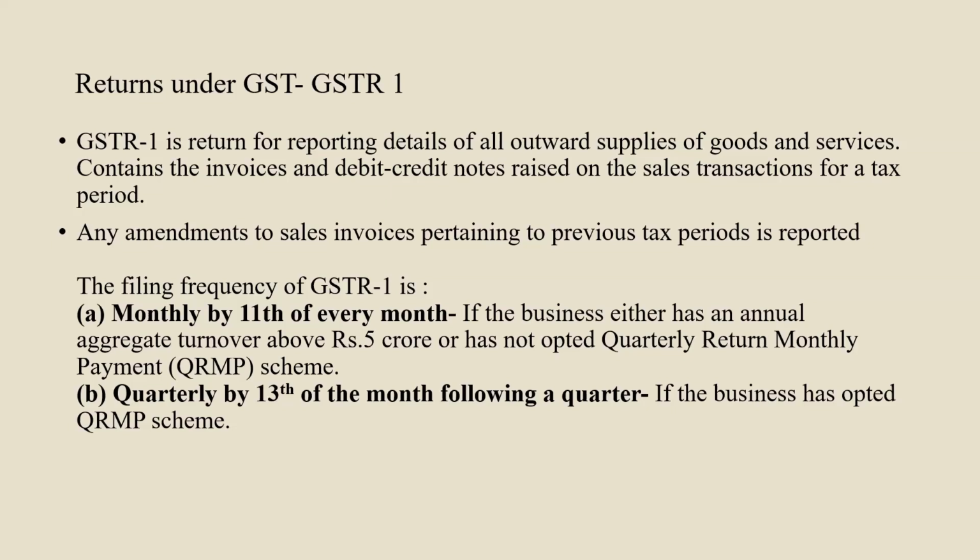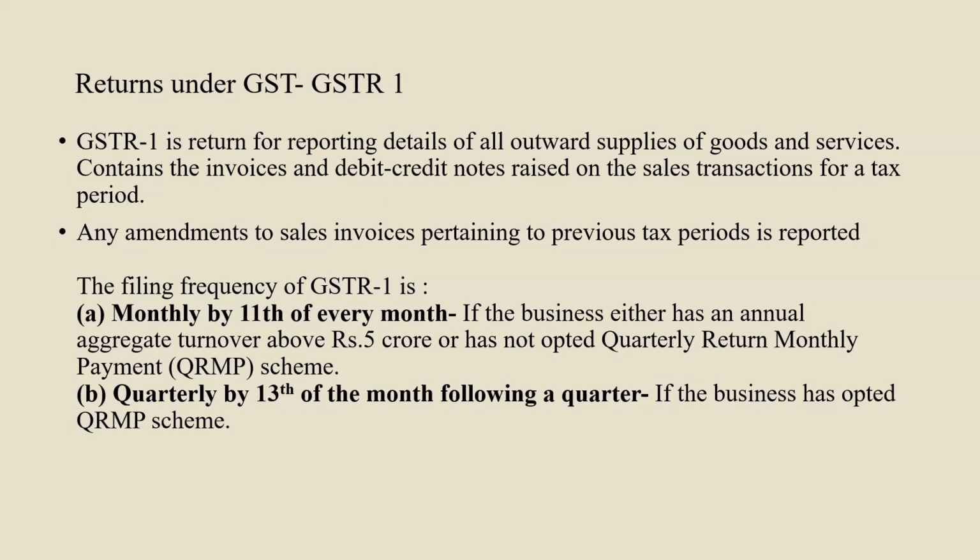So if you are a seller, you will have to file this GSTR1, reporting all outward supplies of goods and services, any credit, any rectification, any credit debit notes, all, in the subsequent months, where some correction had to be done, any credits, debits for returns, forget about that. But all the outward supply that you have made for a particular reporting period, for a particular month.